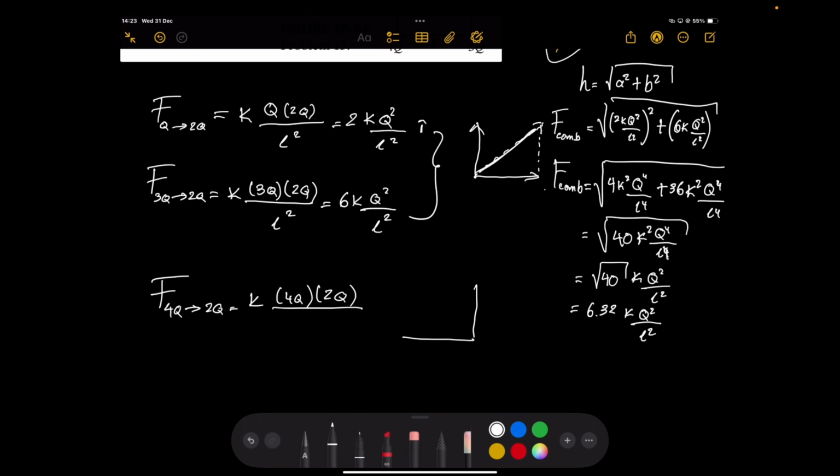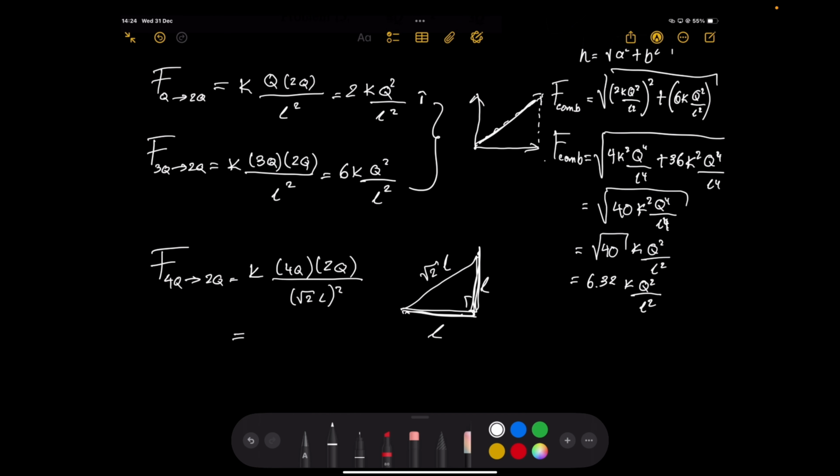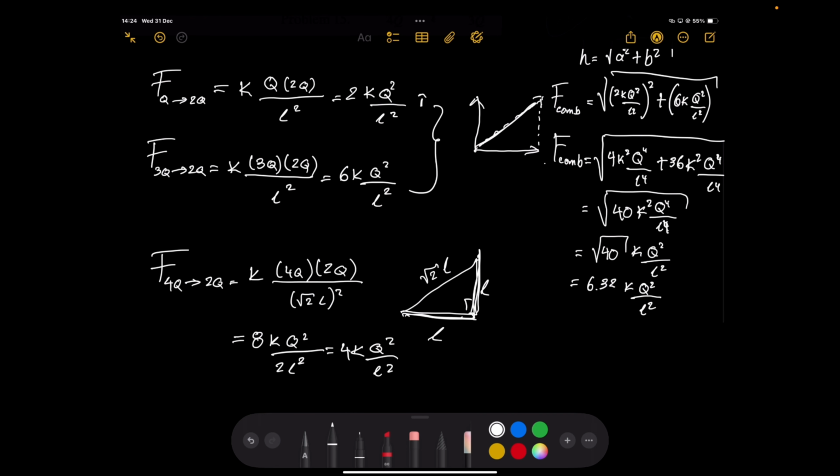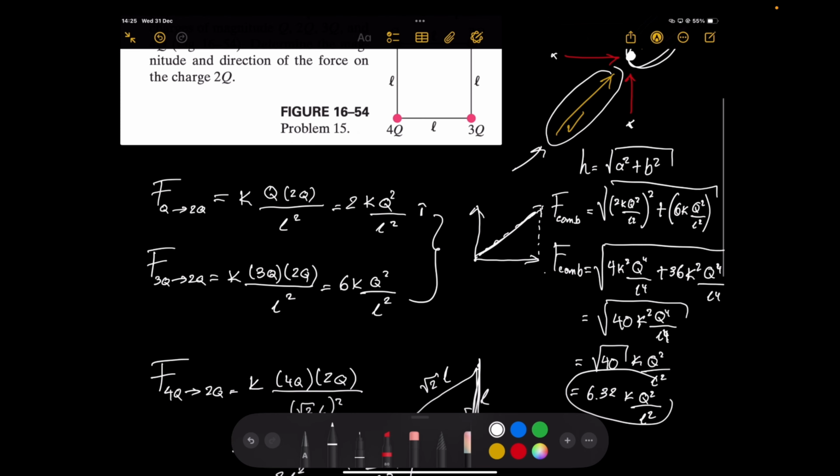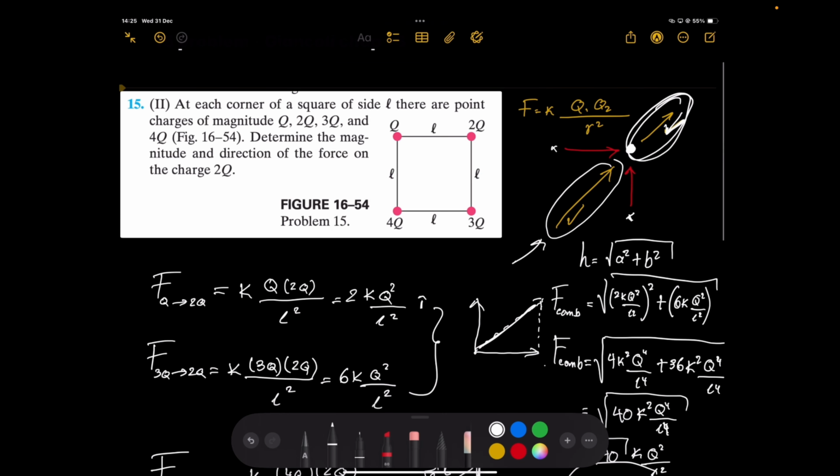If you have a right triangle and the two sides are alike, the hypotenuse is going to be the square root of 2 times L. So this is going to be the distance. That's equal to what? And that's equal to 4K Q squared over L squared. Now this magnitude corresponds to this vector, and this magnitude corresponds to this vector.